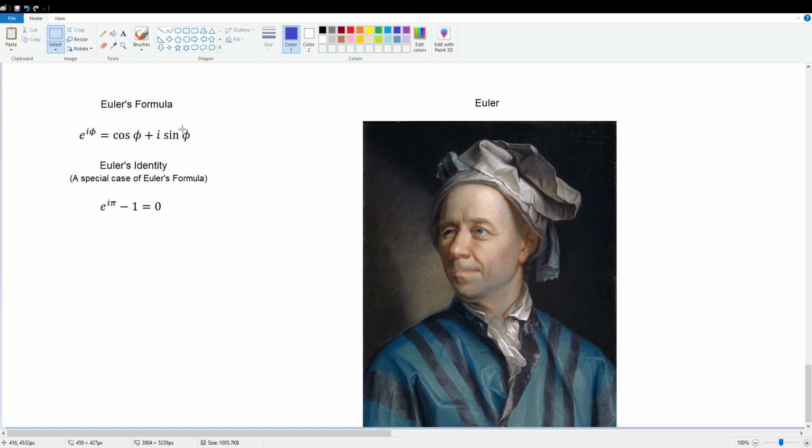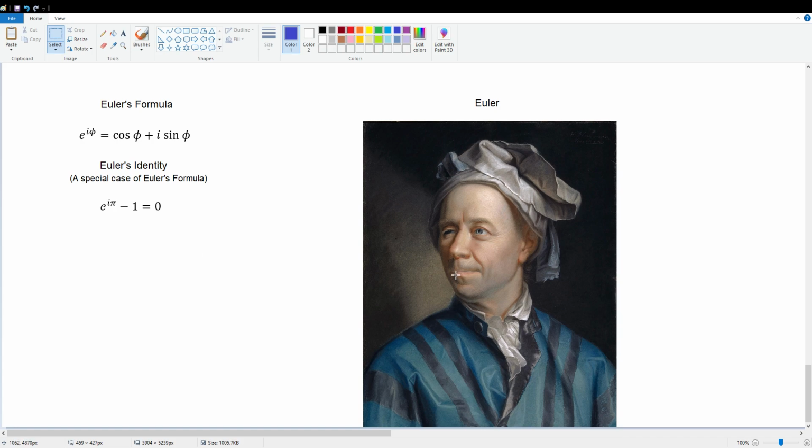Okay, this is the foundation for all of the complex arithmetic that we do. And there's another form that's called Euler's identity, and that ties together a lot of cool transcendental numbers and fundamental integers. e to the j pi plus 1 equals 0. That follows directly from Euler's formula.